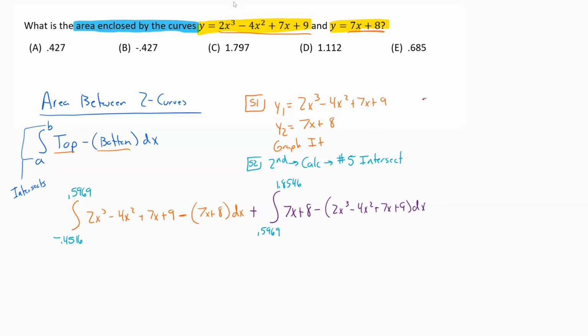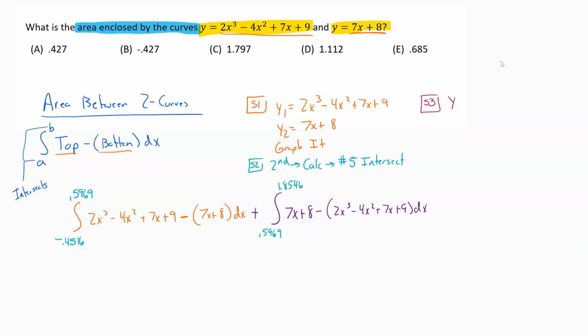So step 3 here, what you're going to need to do is we're going to go back into our y equals, and we're going to have to take these down a chunk at a time. To do that, we can actually use some cool buttons on the calculator that you'll be happy you know. It's just going to save you a bunch of typing time. So in y3 right now, we're going to put the equation.